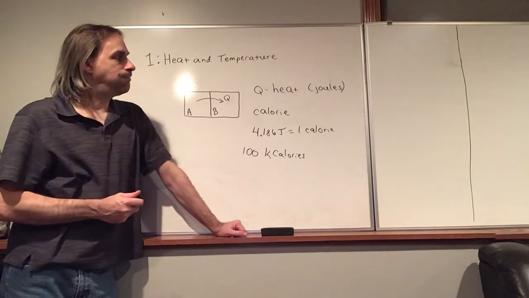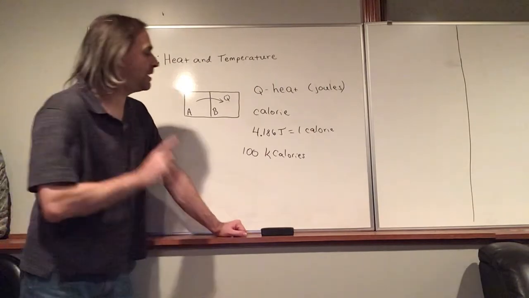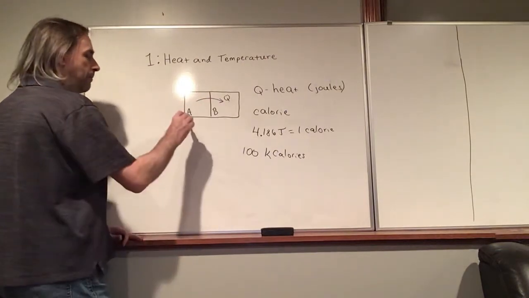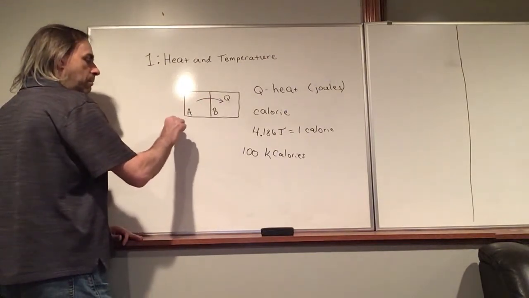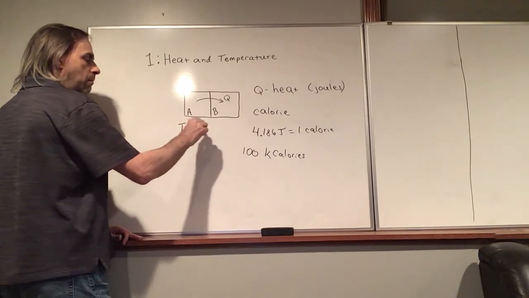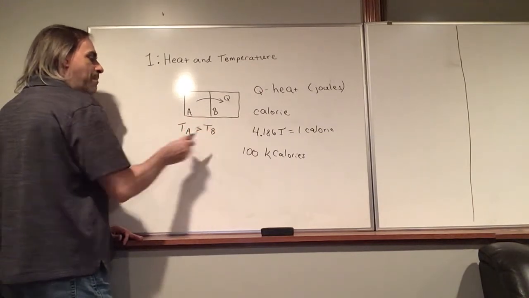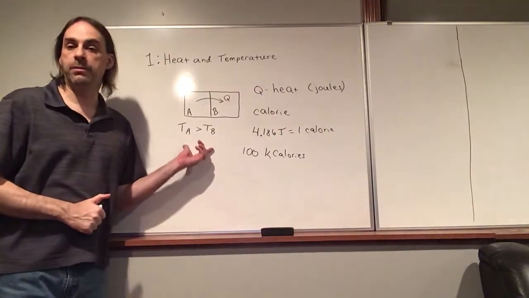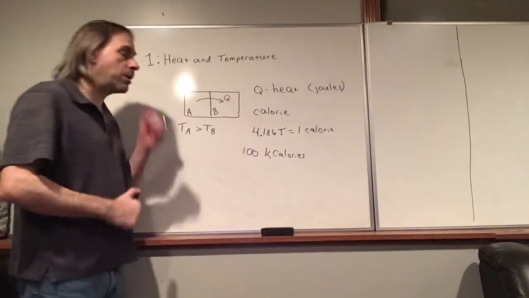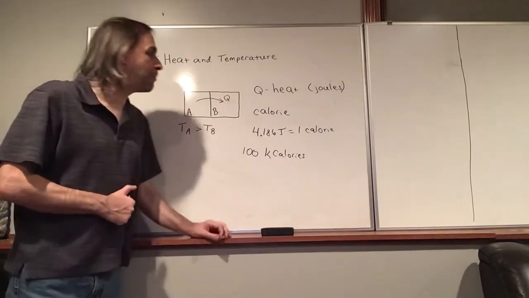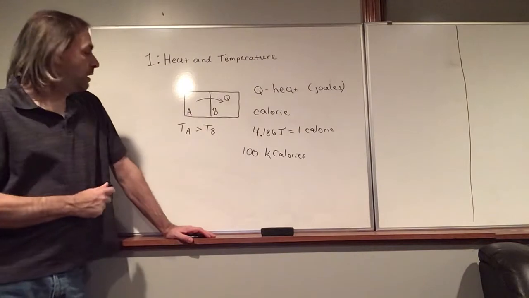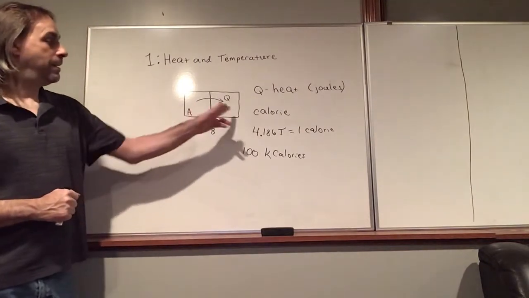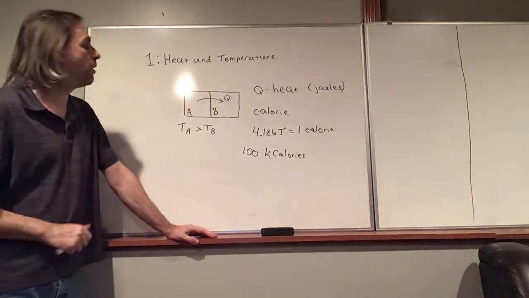For now, I'm going to say that object A is hotter than object B, or the temperature of object A is higher than the temperature of object B. So this is our first use of the word temperature in this class. Now, that doesn't really answer why energy is going to flow from A to B in the first place.